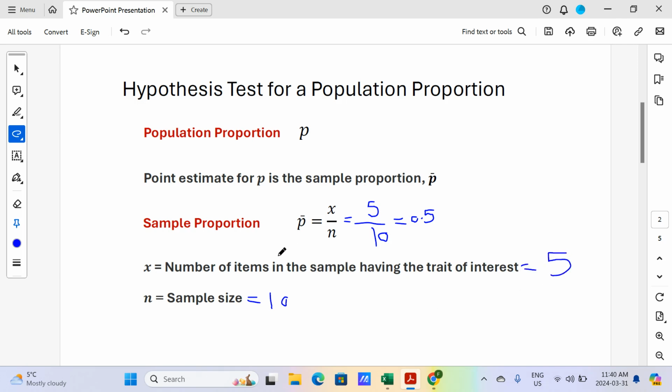So what is the proportion of the students in this class wearing glasses? 5 out of 10, or half. I am trying to recall sample proportion and population proportion, because we are going to do a hypothesis testing for a population proportion.